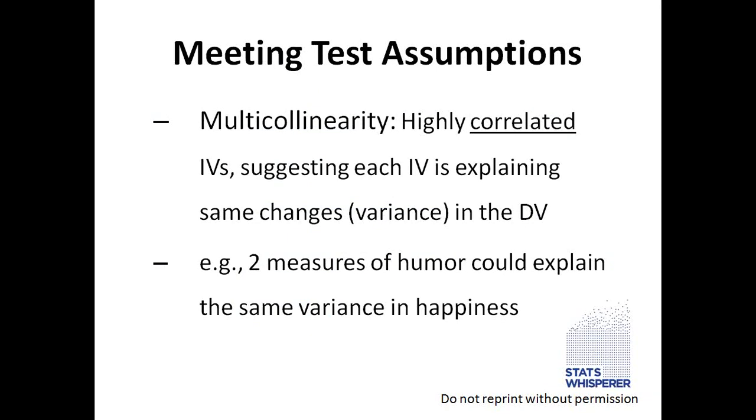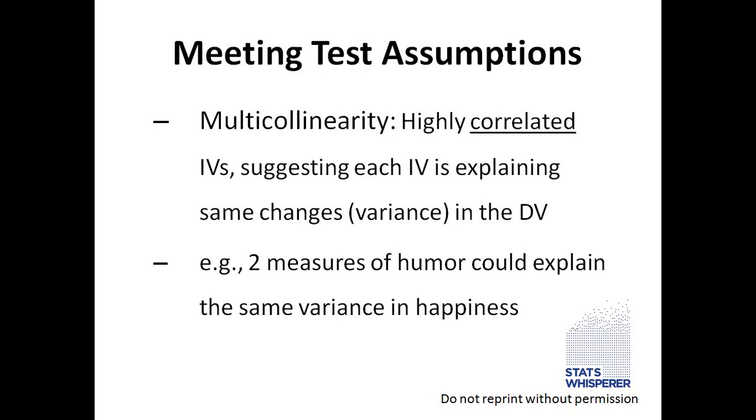Now, multicollinearity, right? So not only are they hard to do for some people, but as you can guess, they're hard to say for a lot of people too. Multicollinearity generally refers to the independent variables, usually the continuous variables, being correlated at a level where it seems that each is explaining the same variance in the dependent variable.